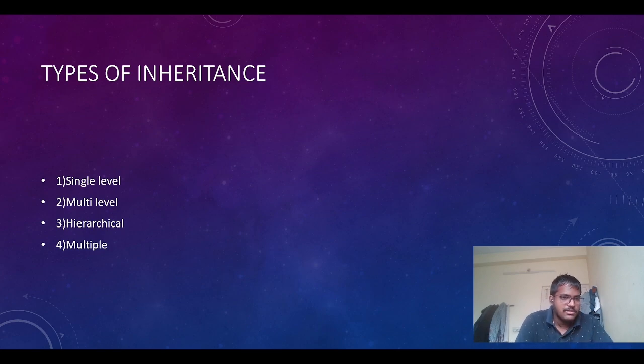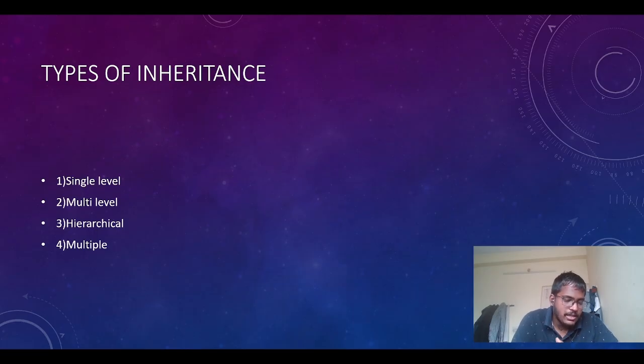The third one is hierarchical inheritance. If multiple child classes inherit from one parent class, that is called hierarchical inheritance. Multiple subclasses are deriving from one parent class. The next one is multiple inheritance.